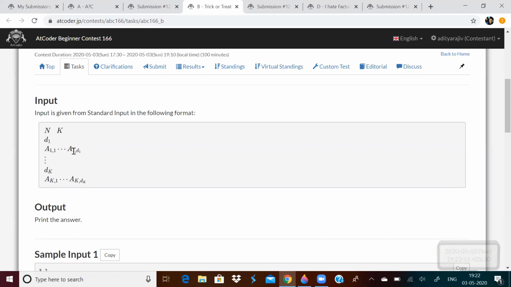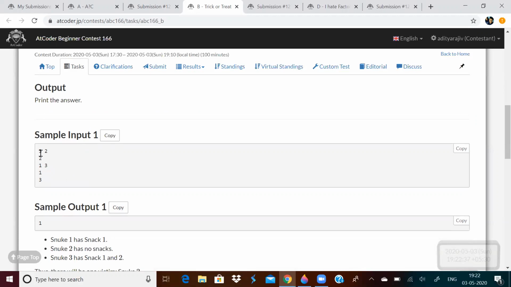What does this represent? This represents which snukes have snack i. Let me repeat that. This line represents how many snukes, or which snukes, have snack i.